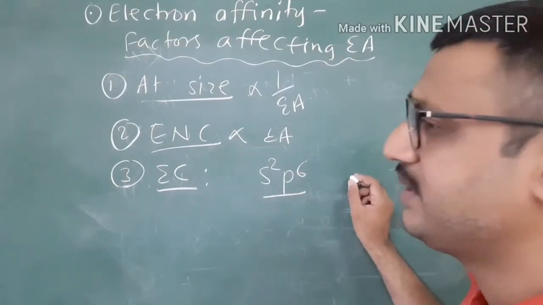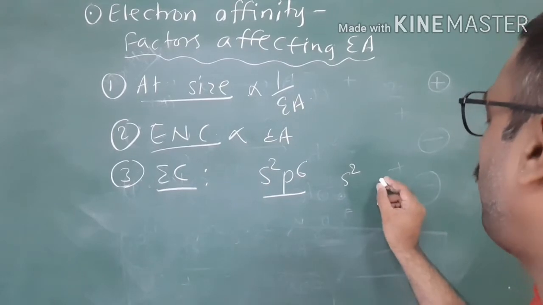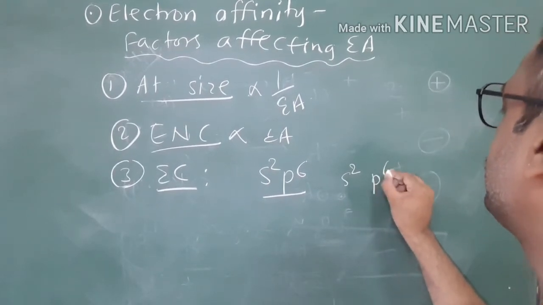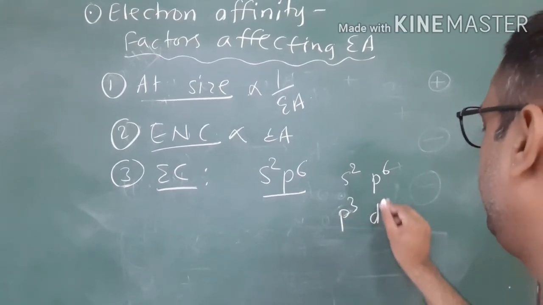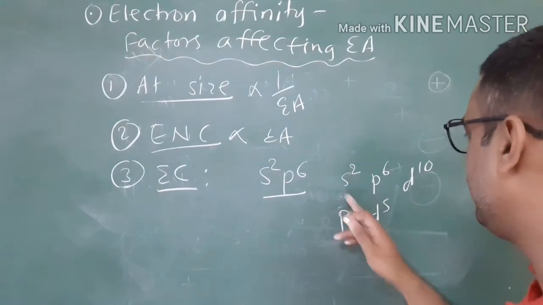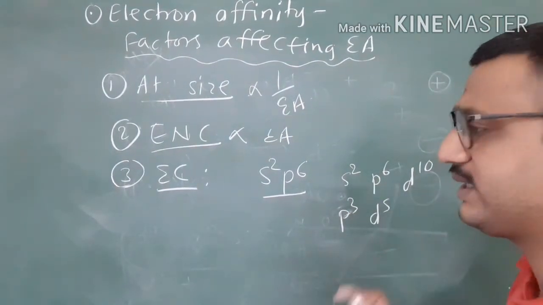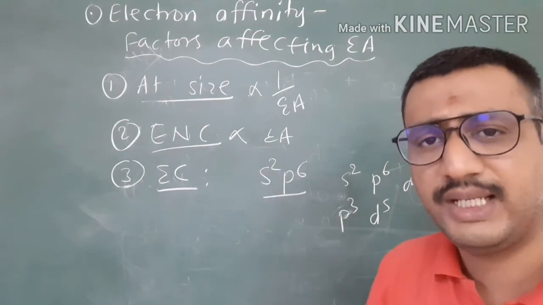And if the outer shell electronic configuration is either s2 or p6 or p3 or d5 or d10, for such electronic configurations the electron affinity value is very less or 0.